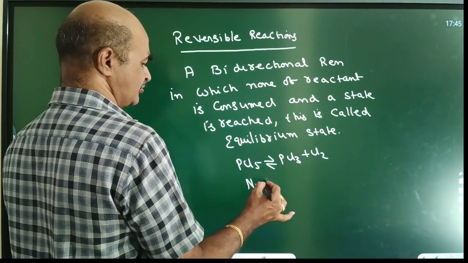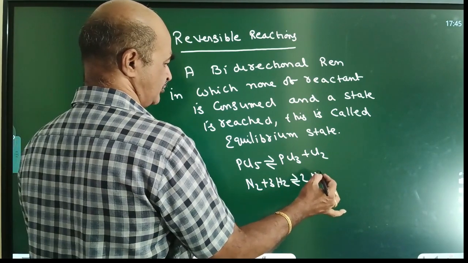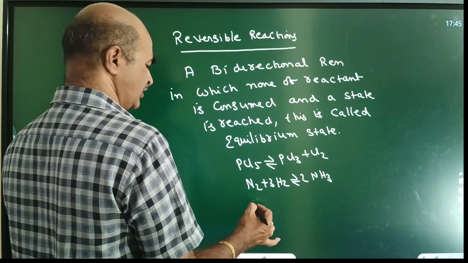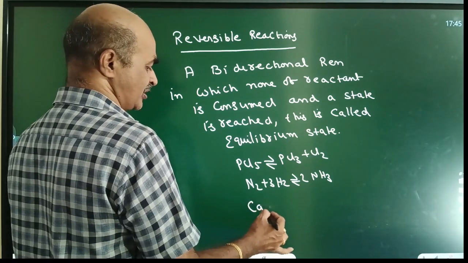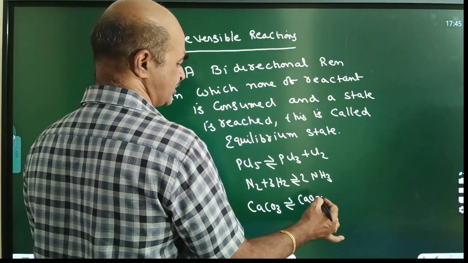N2 plus 3H2 gives rise to 2NH3. In a closed vessel, decomposition of calcium carbonate: CaCO3 gives rise to CaO plus CO2.